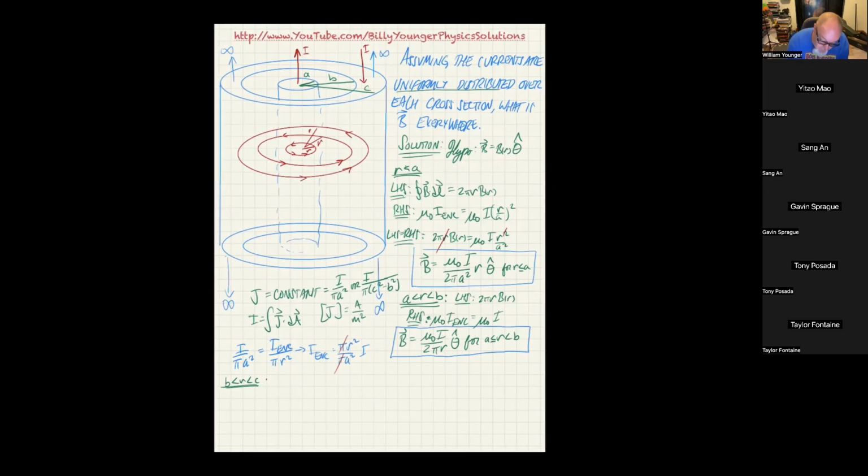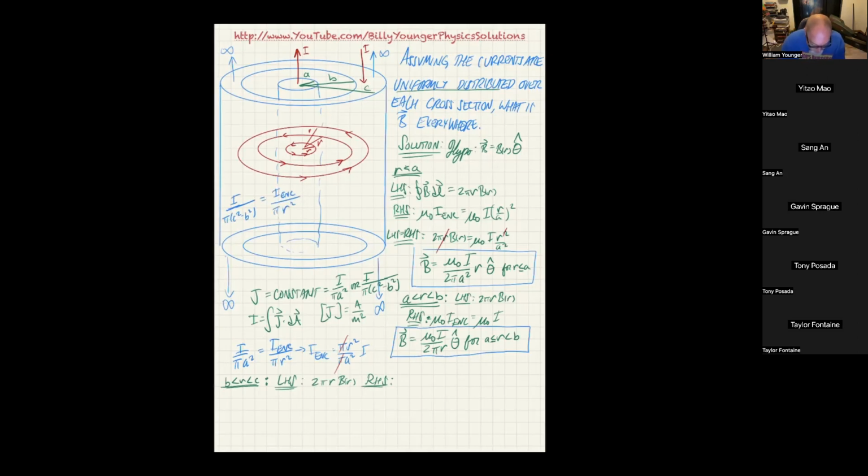So when I go to do this, I have to do my right-hand side and my left-hand side again. The left-hand side, as you might suspect, is just going to be 2 pi r B of r. The right-hand side is a little more complicated. In fact, what I'm going to do is say I over pi times c squared minus b squared is equal to I enclosed over pi r squared.